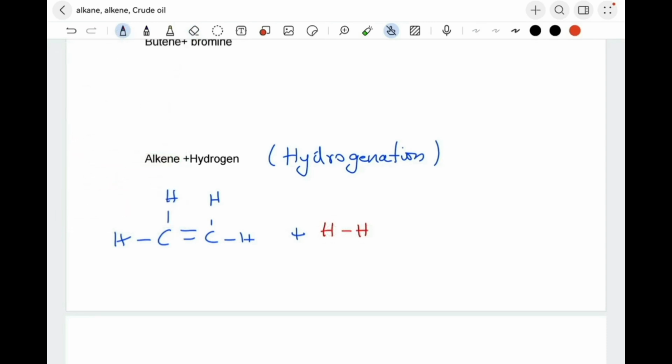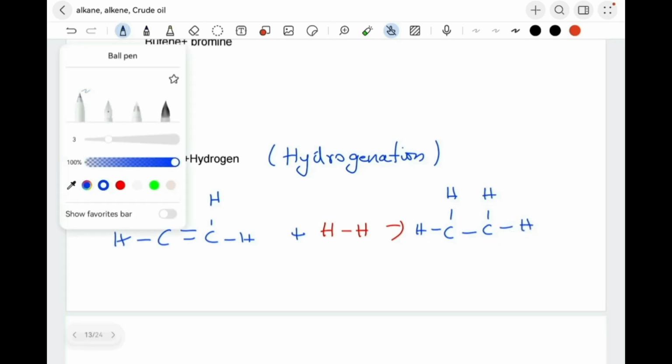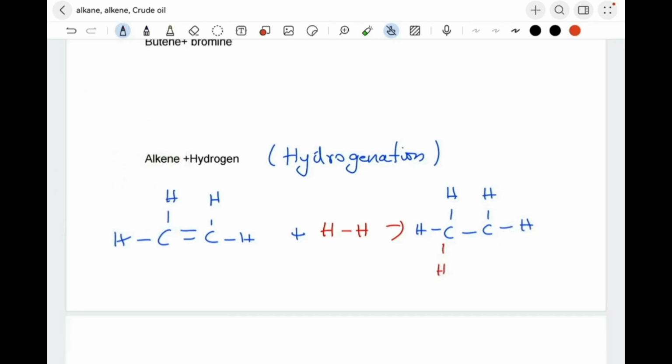H and H. It is also in a diatomic form. Just break the double bond into a single bond. Alkene becomes an alkane and the other H2 gets added to the compound. So this is just ethane, this is ethene and this is hydrogen.